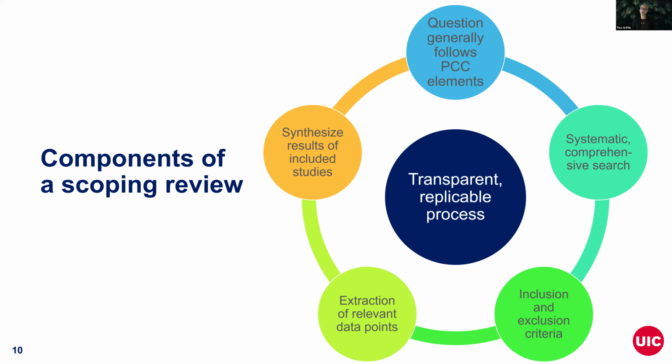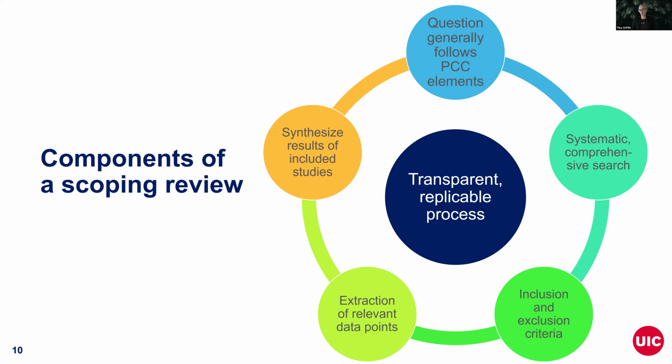So that is still a foundational element to this, and it's a foundational element to a lot of different evidence synthesis practices. Yes, population, concept, and context. Thank you, Emily. So if you don't have a systematic search strategy, you're not going to retrieve what you need in order to get the results that you want.